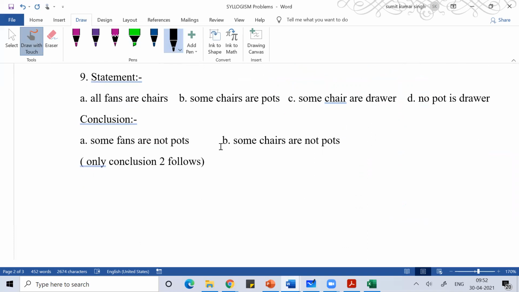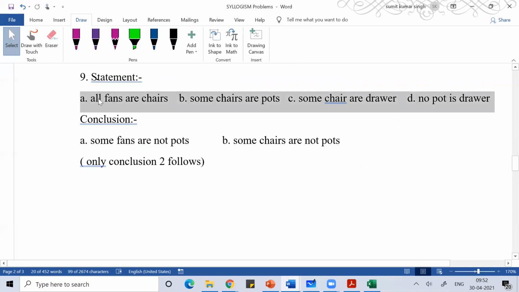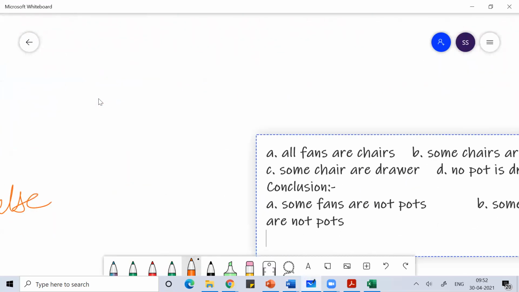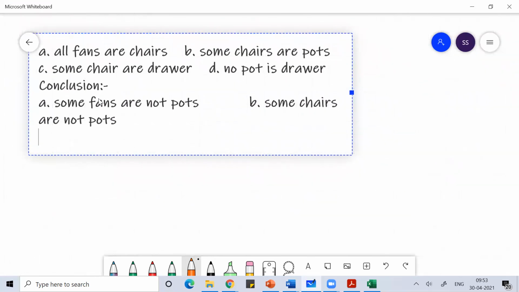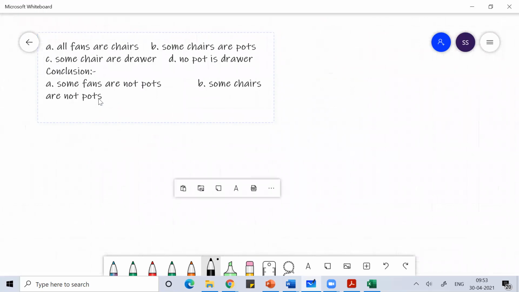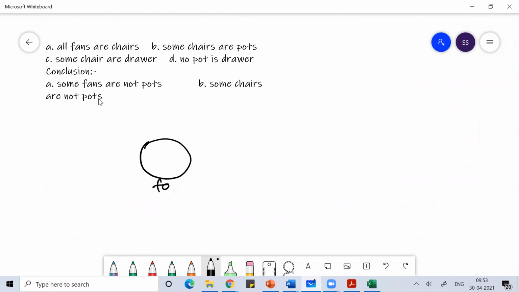Just copy this question. So now we try to draw the diagram. Here, all fan are chair.